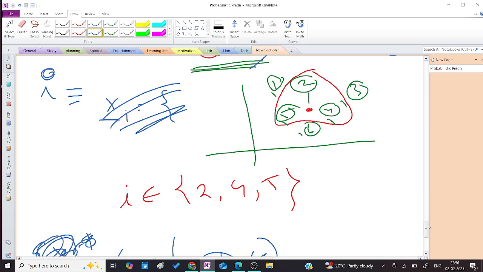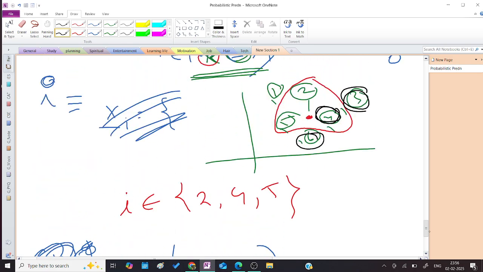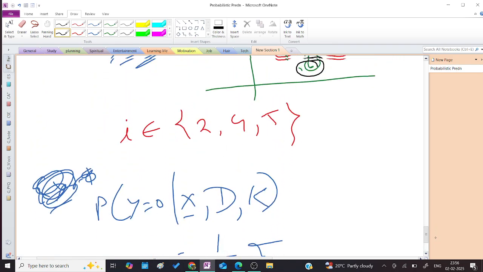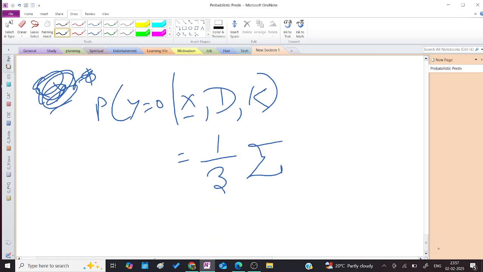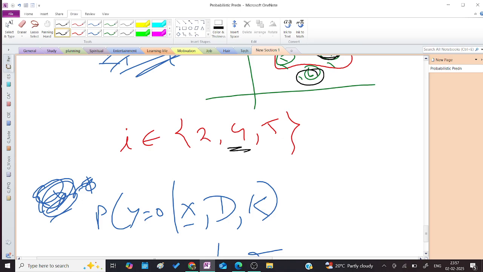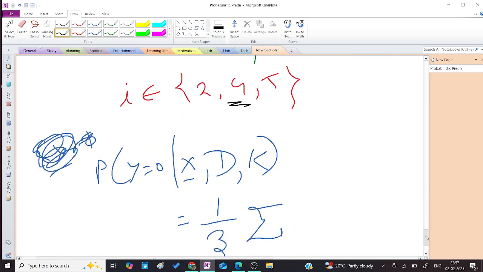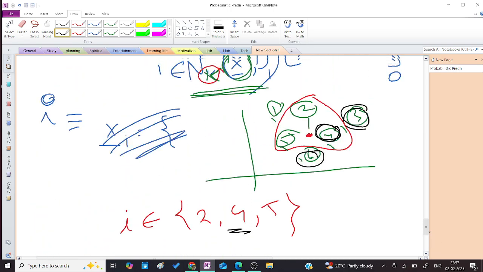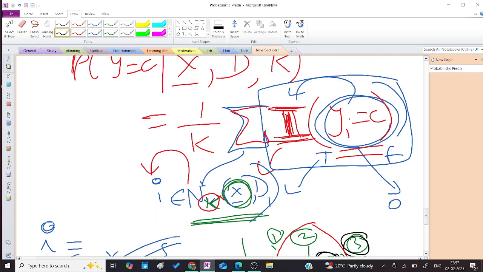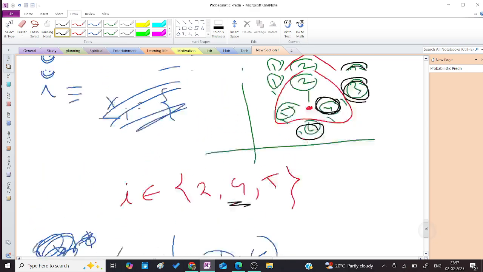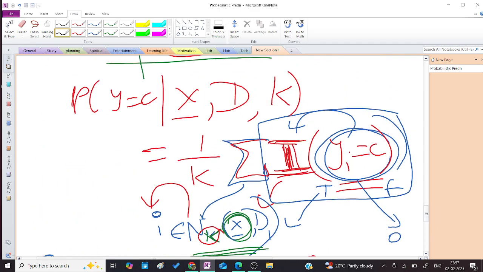Suppose this one is black, the rest are green. Okay, see the formula, yi equals c. I'm asking for y equals 0, so c is 0, right? So yi equals 0, 0 means green.